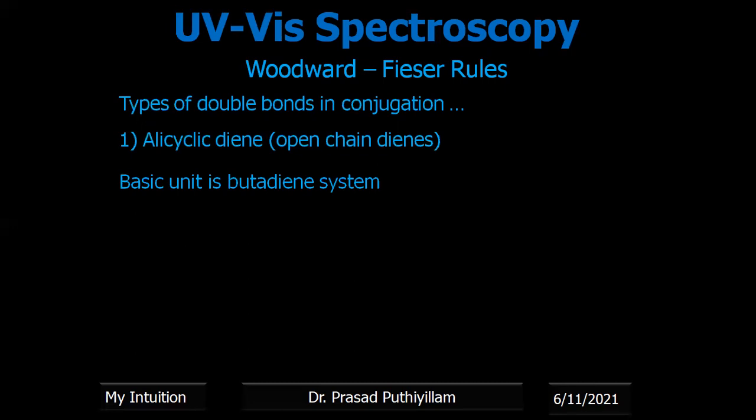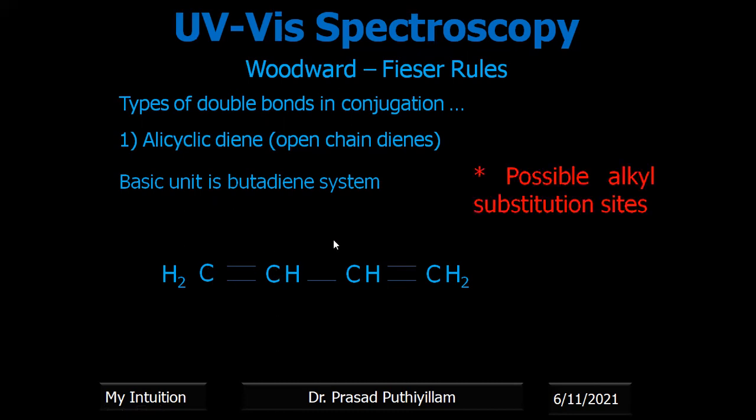For acyclic dienes, the base unit is butadiene. We've already seen the structure. So this is the structure of butadiene. Butadiene has 2 double bonds. Therefore it is an open chain. There is no closed ring present. It is an open chain with 2 double bonds or 4 pi electrons. And at all these carbon atoms, we have the possibility of alkyl substitution.